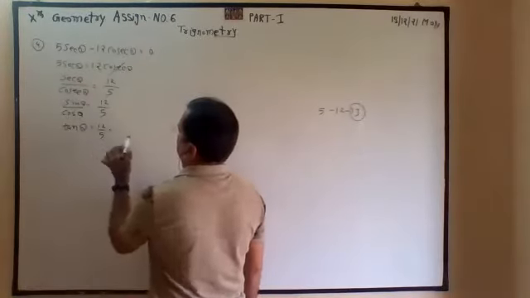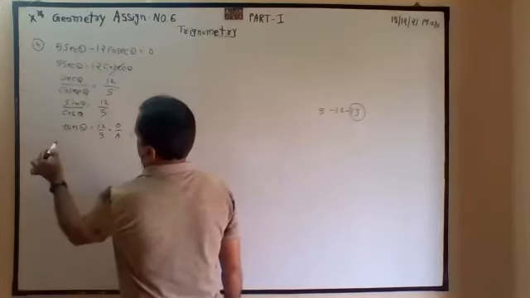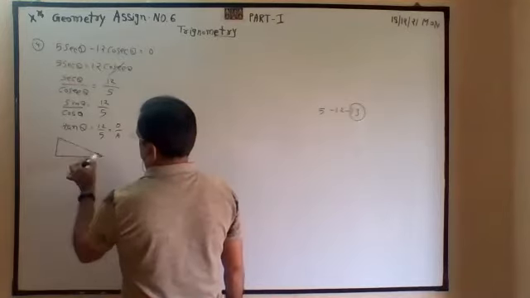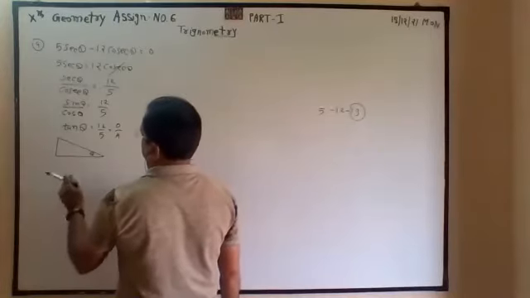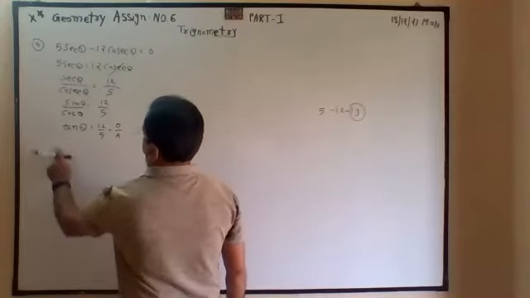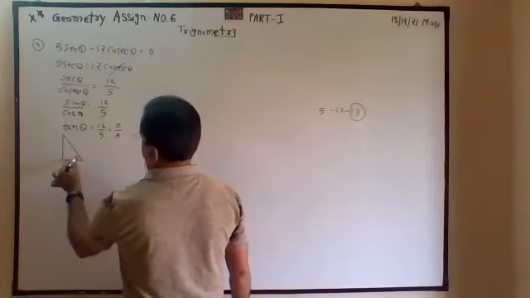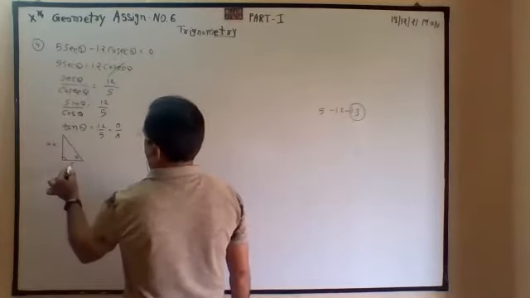Tangent is equal to opposite by adjacent. Opposite 12x, this is 5x.